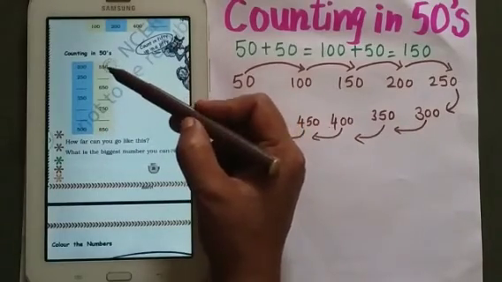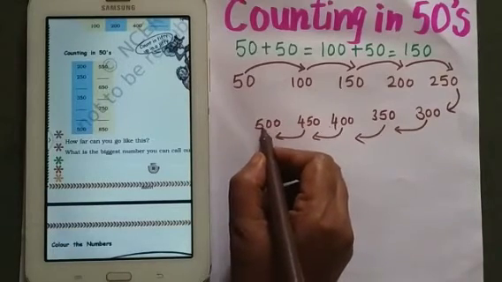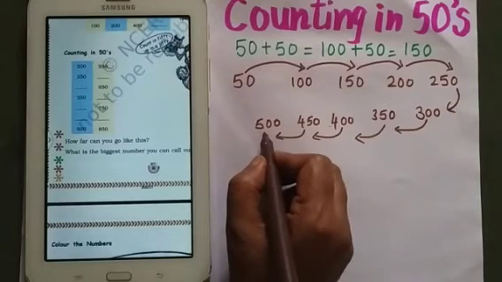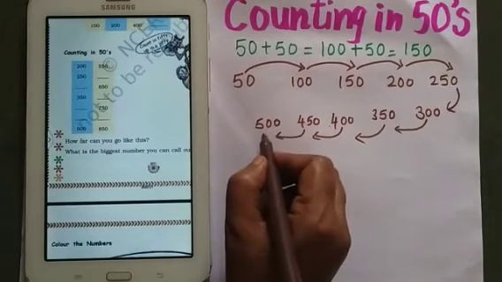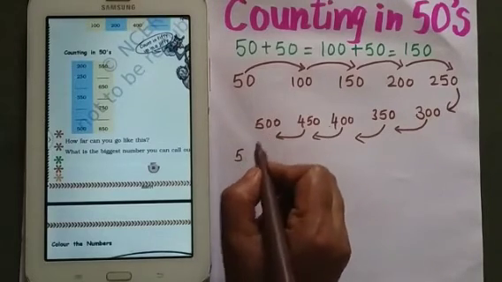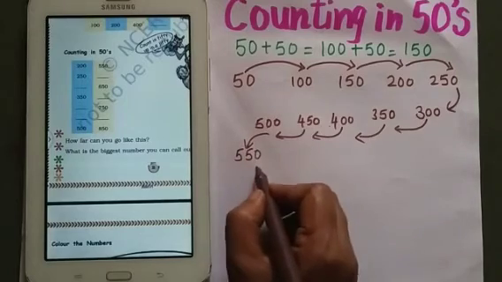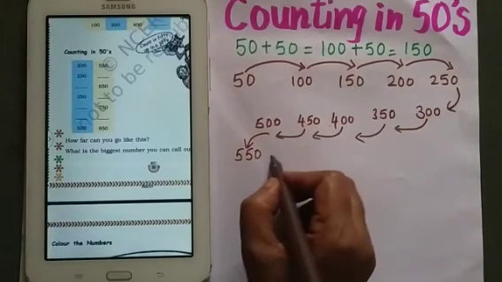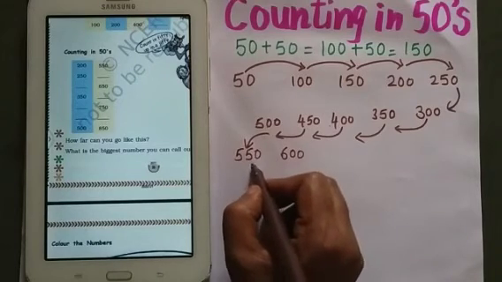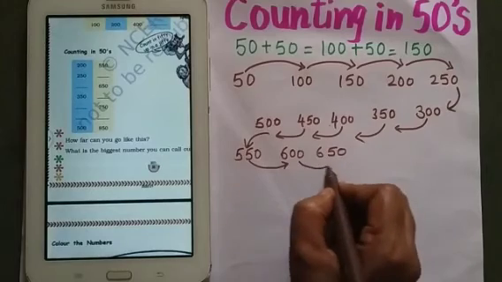So this number is started with 550. So same way we continue these numbers, that is 500. When we are adding 50 in that 500, the number is 550. Then after 550, which number will come? 600. 650.